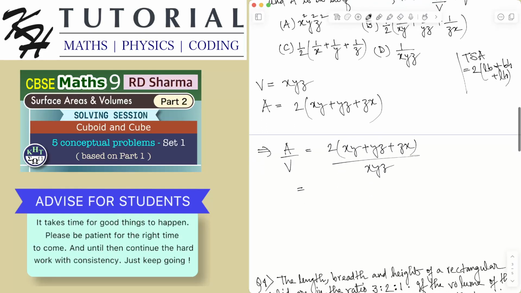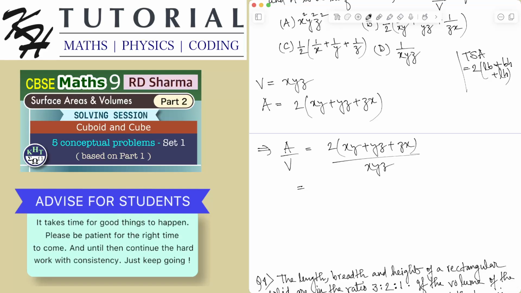If you expand this, there are three terms inside the bracket in the numerator. If I expand this, it will be 2 times xy divided by xyz plus yz divided by xyz plus zx divided by xyz.